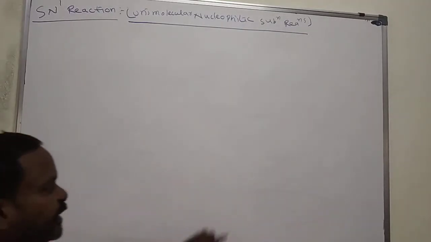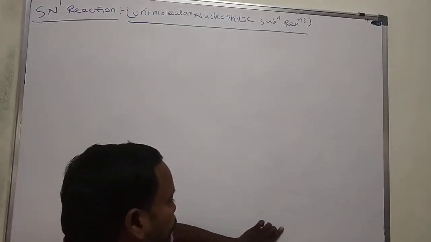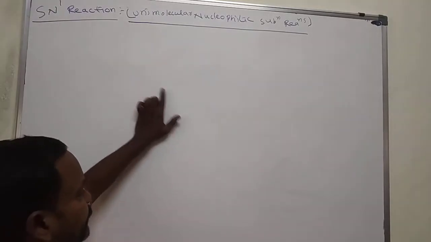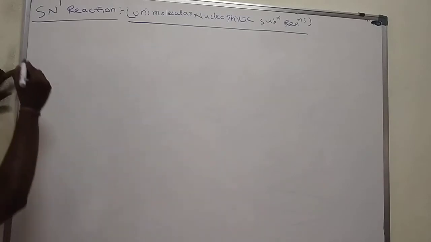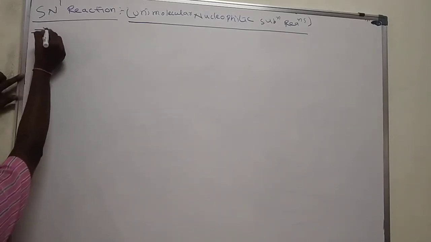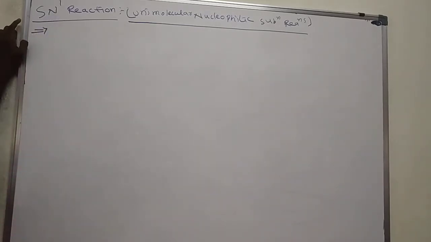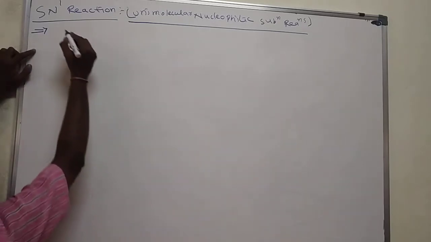We'll see why we call them unimolecular nucleophilic substitution reactions. Before that, see the important points in this unimolecular nucleophilic substitution reaction. This is mainly observed in tertiary alkyl halide.